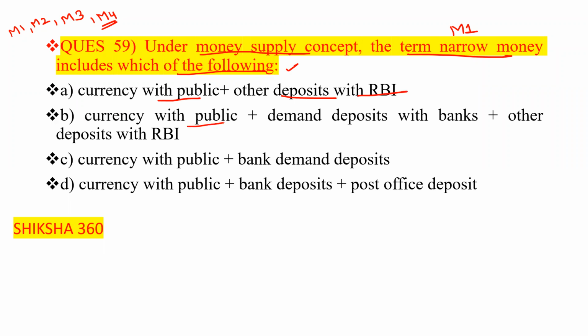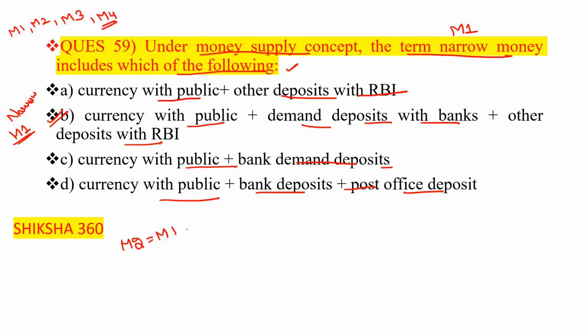Option B: currency with the public plus demand deposits with the banking system plus other deposits with RBI. Option C: currency with the public plus bank demand deposits. Option D: currency with the public plus bank deposits plus post office deposit. The correct answer is option B: M1, or narrow money, is equal to currency with the public plus demand deposits with the banks plus other deposits with the RBI.